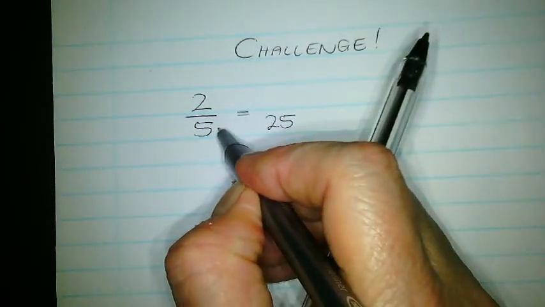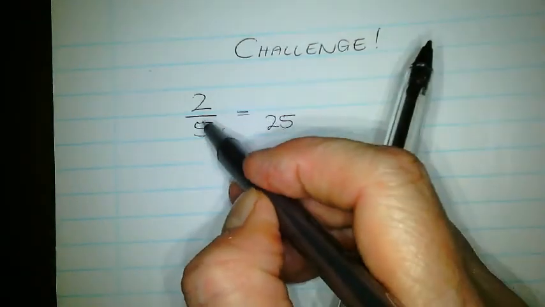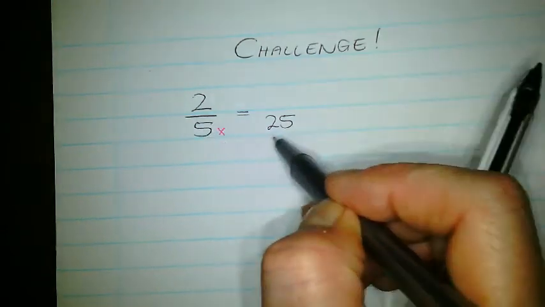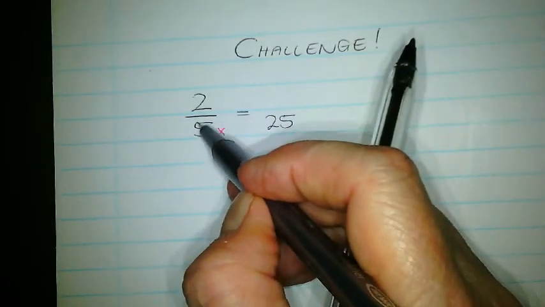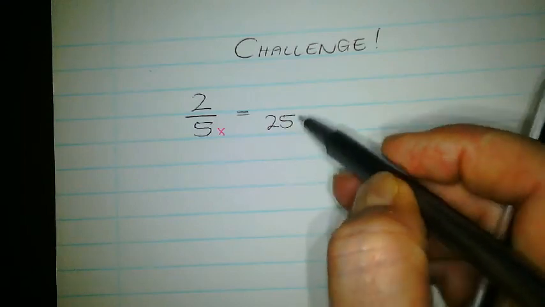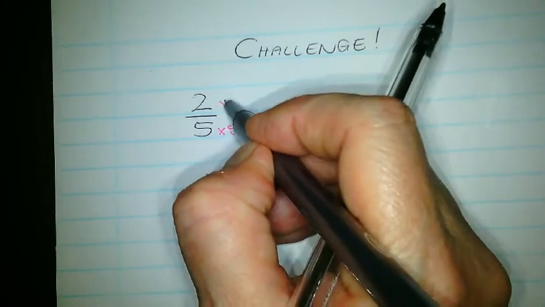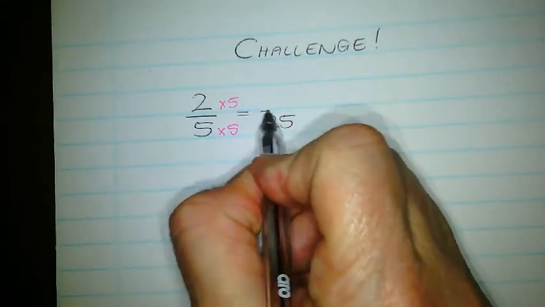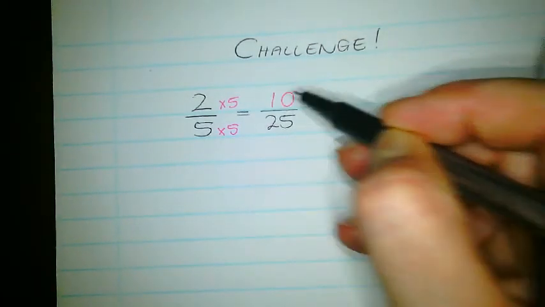The kids usually know: what I do at the bottom, I do at the top. So 5 times what gives 25? That's going to be 5. And then they say what I do at the bottom, I do at the top. So in this case, the equivalent fraction is 10 over 25.